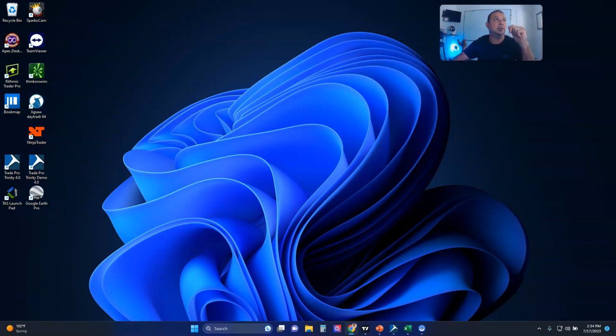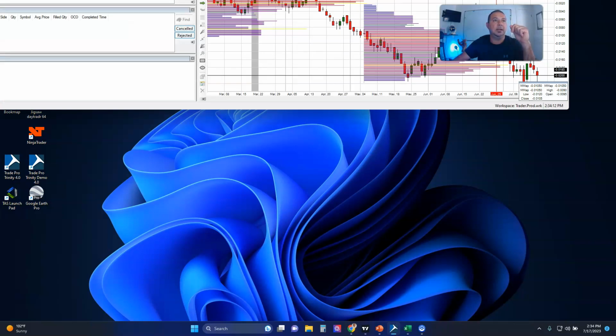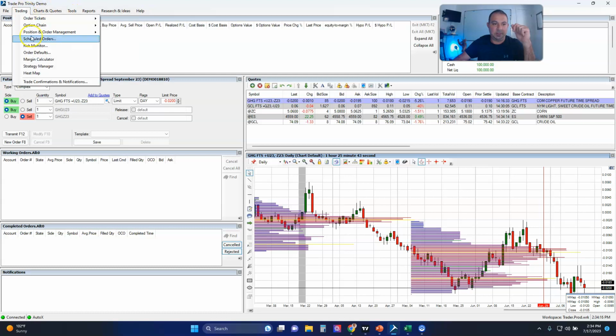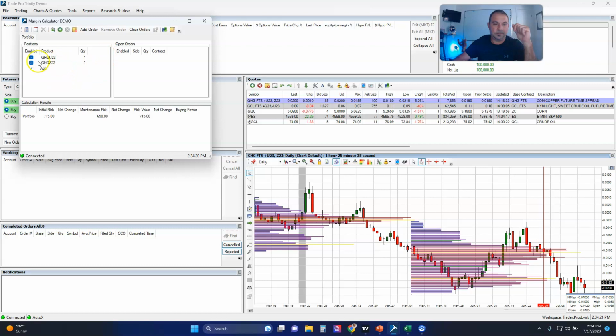I want to do SPAN margin real quick for you guys on this cattle for you guys to see, you know, another example. Just use the SPAN margin tool. And I guess we'll delete these.